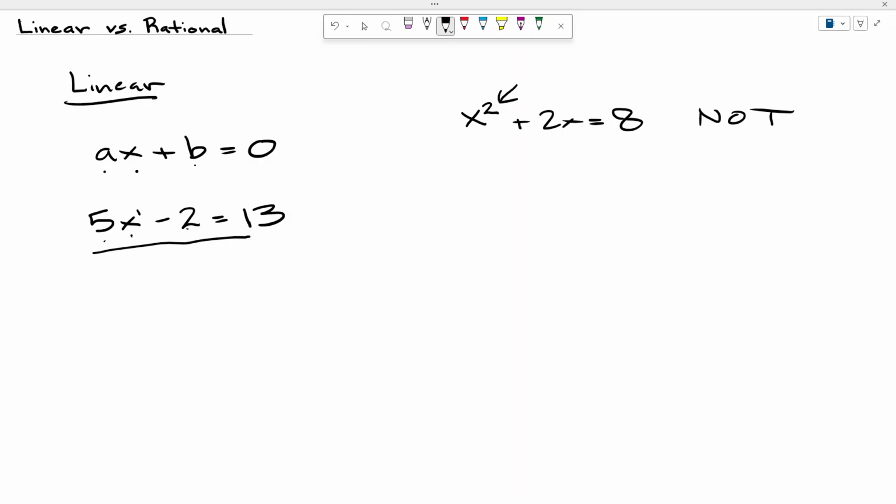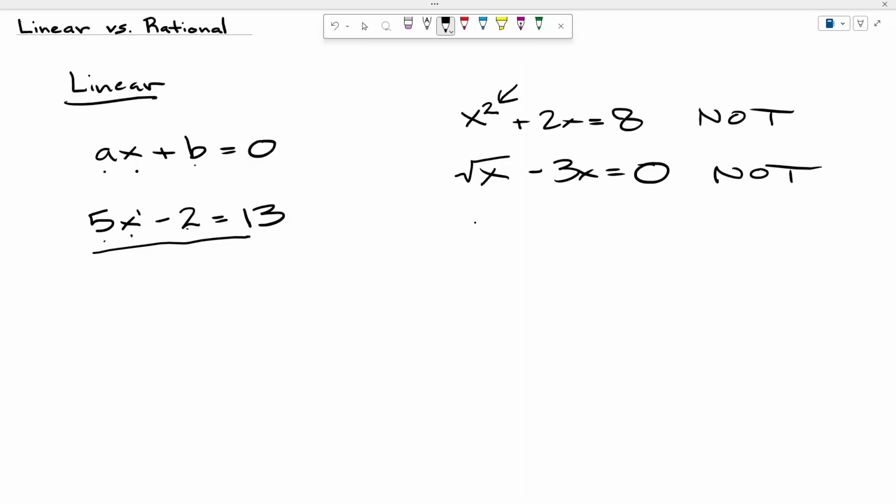If it were just x, not squared, then it would be. Or if we had the square root of x, again that would not be a linear equation because we have a square root involved.